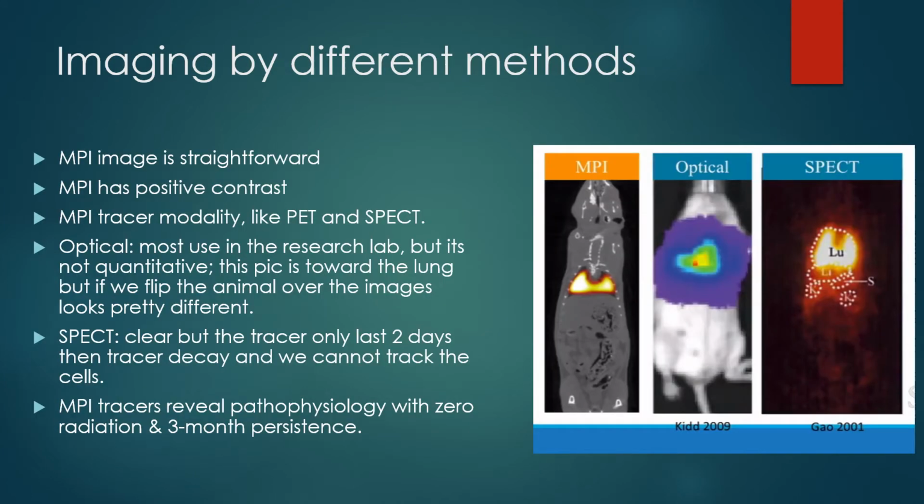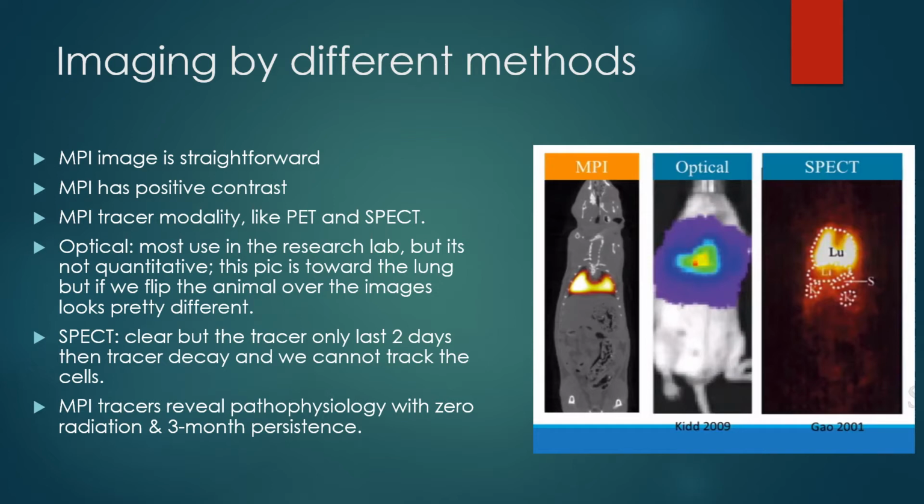Here is the comparison between the MPI method and other modalities. In fact, MPI imaging is straightforward, and MPI has a positive contrast. Unlike PET and SPECT, it is a tracer modality. On the other hand, we have the optical method, which is regularly used in research labs, but the problem is it's not quantitative.